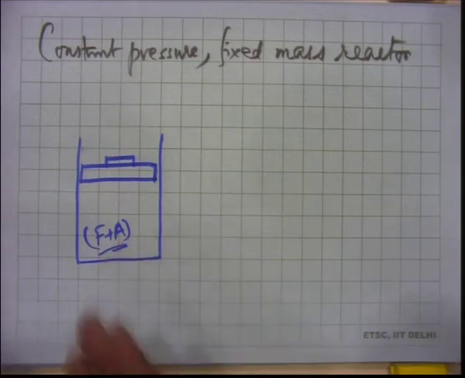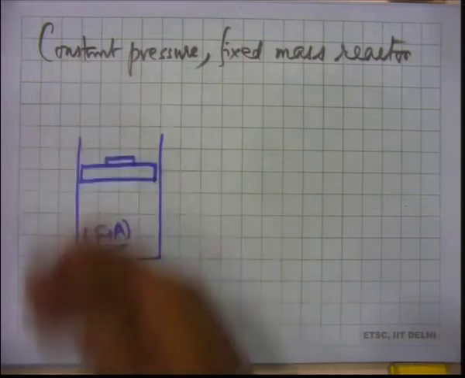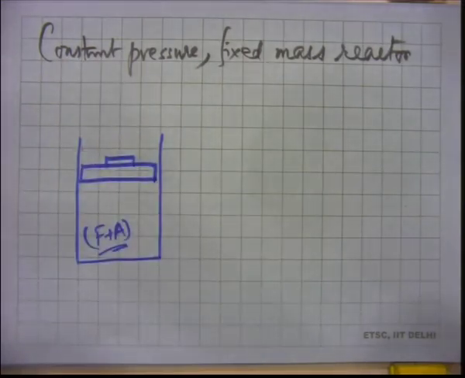But otherwise in this one the piston will float, it will go up or down to accommodate expansion of gases. So, it will give you a constant pressure, right, that is the idea.